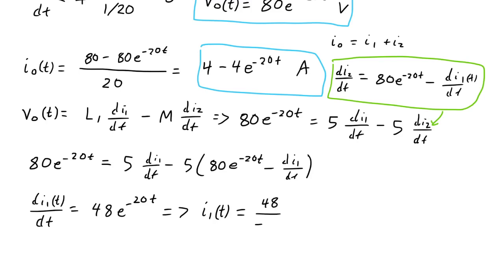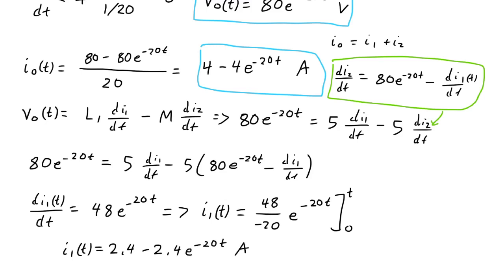You guys know this one. e to the minus 20t from 0 to t. That means that i1(t) is going to end up being 2.4 minus 2.4 e to the minus 20t amperes.